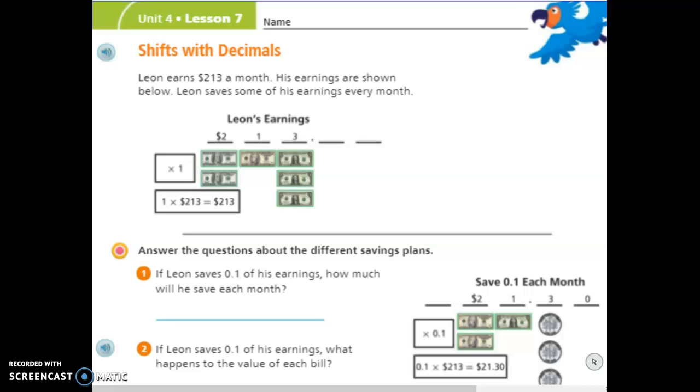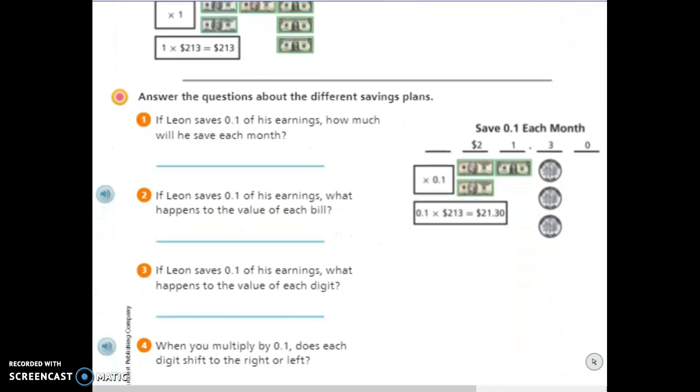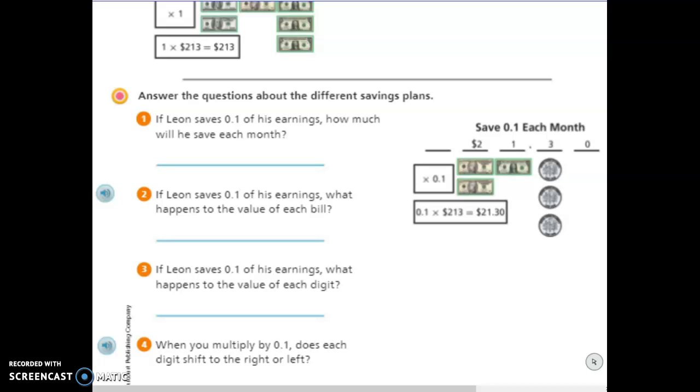Okay, so our first problem is with a person named Leon, and he earns $213 every month. There's a picture of what his earnings look like. These are $100 bills here, $10 bill, $3 bills. Our first question is, if he saves 1/10 of his earnings, how much will he save each month?